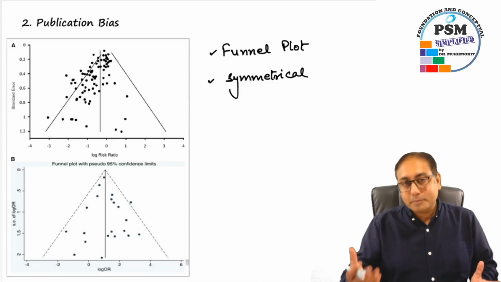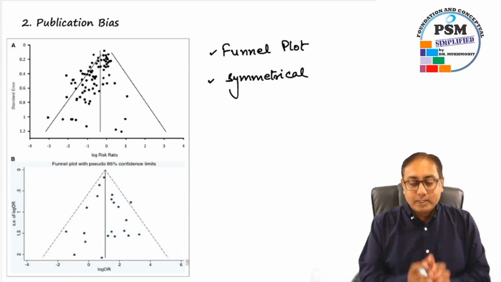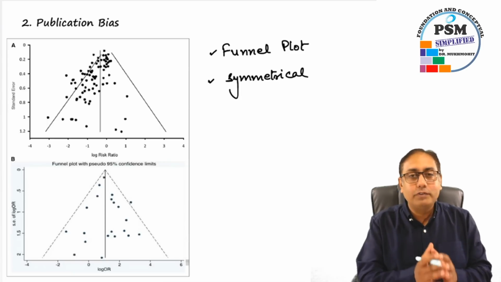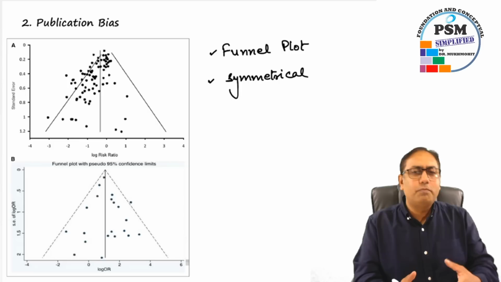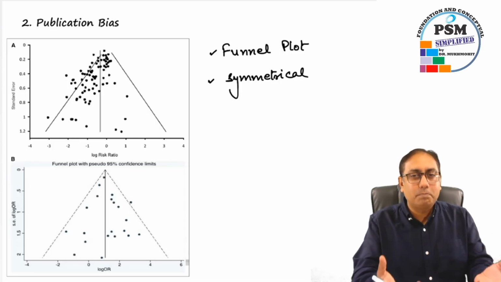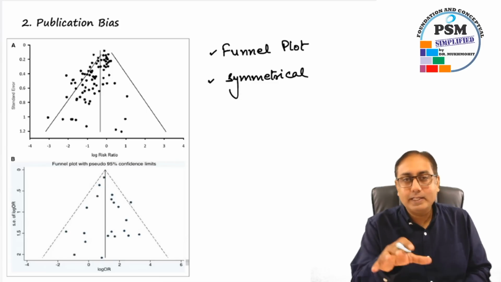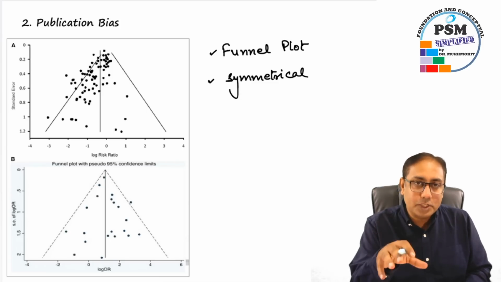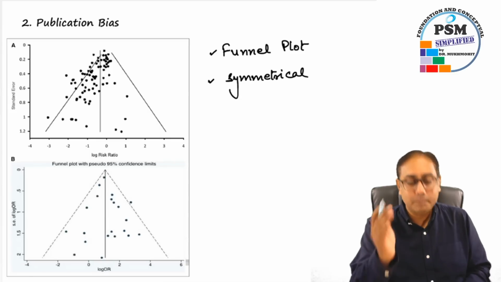Topic number 2. What do you mean by publication bias? Publication bias is where some set pattern of researches are being published by various journals because they are of more interest to the publication committees or to the researchers or to the people at large. So technically, whenever research is being conducted, the published results should always be symmetrical.